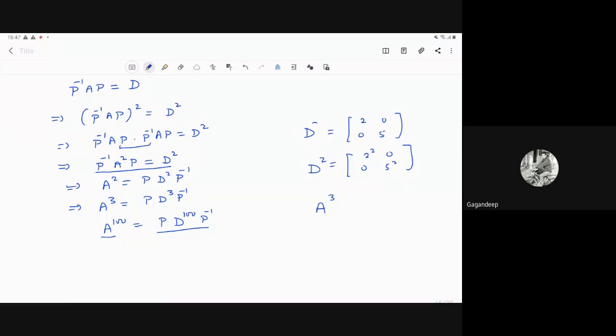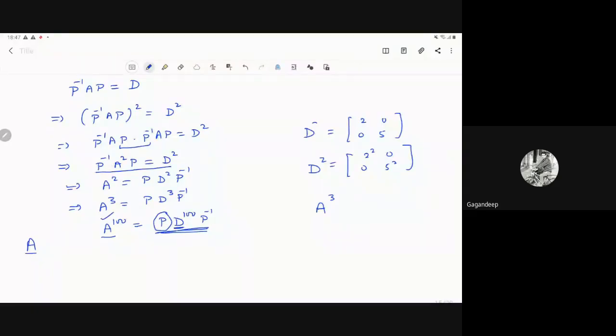So this result tells you that if you find P for the given matrix, the matrix that diagonalizes A, then use this result to get any power of A. Because once you find P, you know D also.